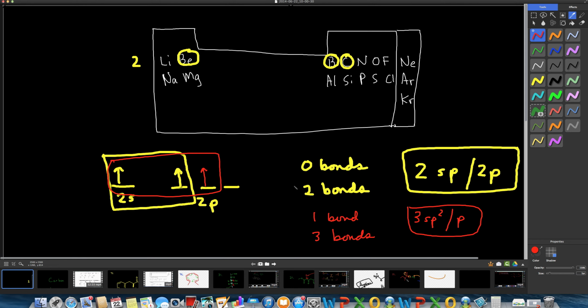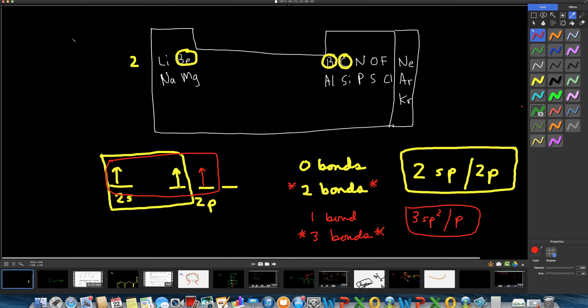So the genius in Pauling's hybridization model is that it would accurately predict the number of bonding environments we find in beryllium and boron and carbon in nature. So let's talk about some cardinal rules of organic.